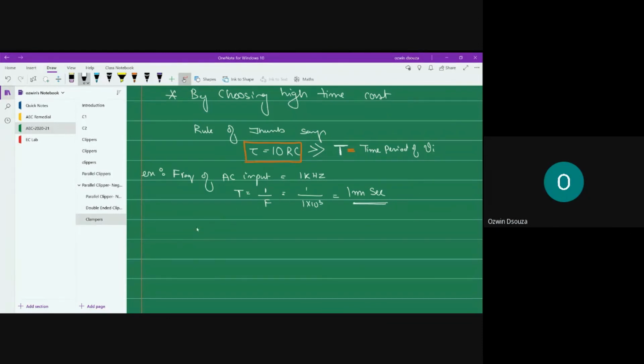Say for example, let's say I choose R equal to 1 kilo ohm and C equal to, let's say, 100 microfarad. So what do I get? I get RC as 1 kilo into 100 micro.